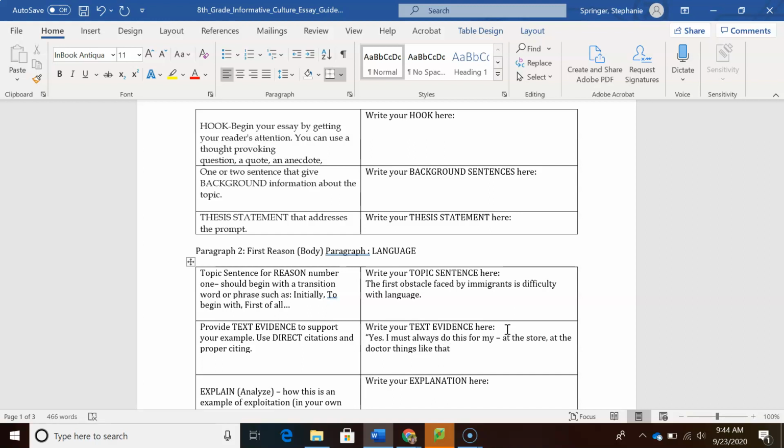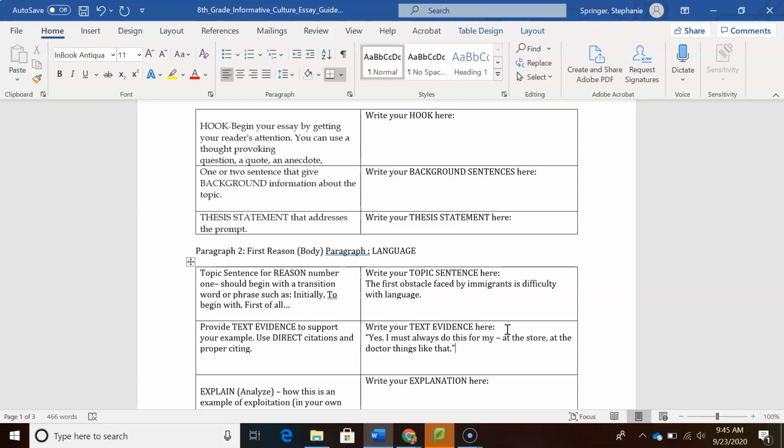And remember, this is just a graphic organizer. This is just an essay plan. So when we take this quote and incorporate it into our actual essay, we are going to have to introduce the quote. So, according to My Favorite Chaperone by Okamoto, or as Maya states in the short story, My Favorite Chaperone.